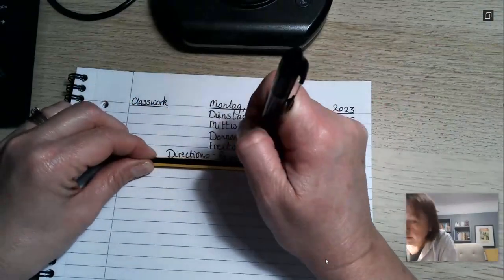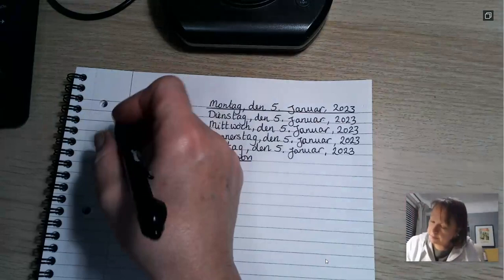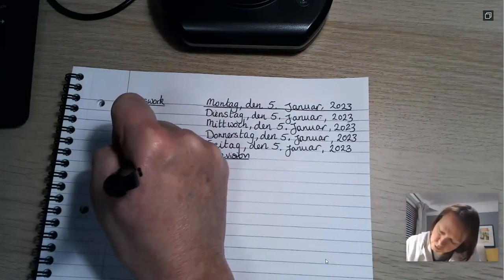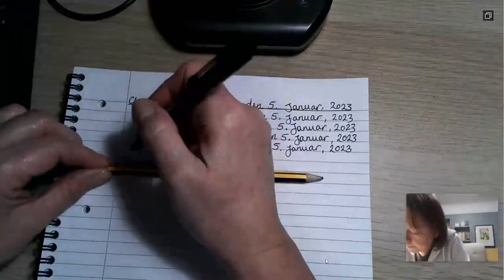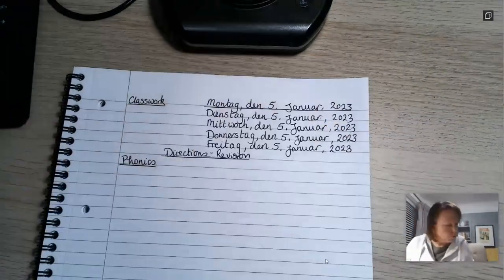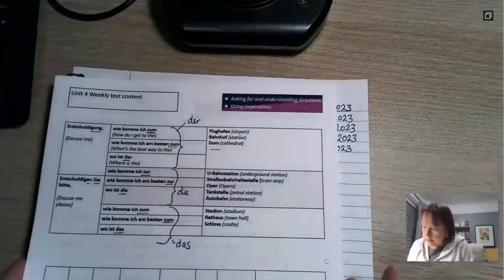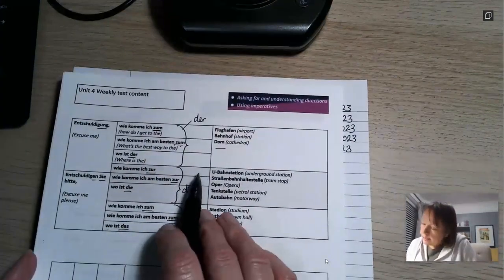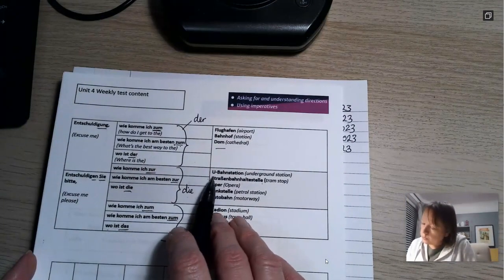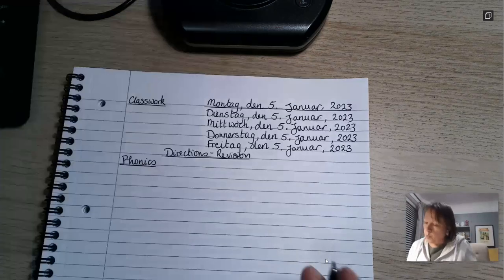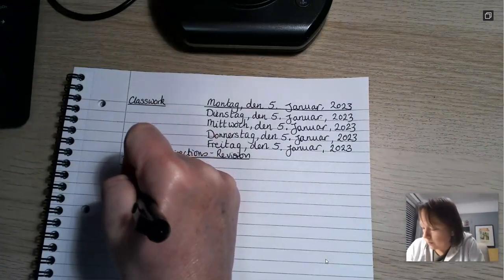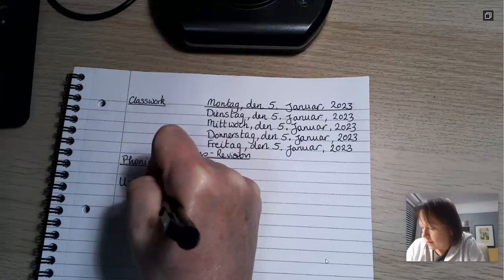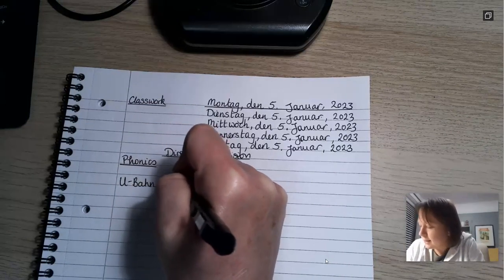And there we go. Okay, and I want a subheading first of all, because I just want to write down some of the phonics we just looked at. So phonics first of all, let's have a look at this. We had, let's do U-Bahn Station. So, U-Bahn Station.